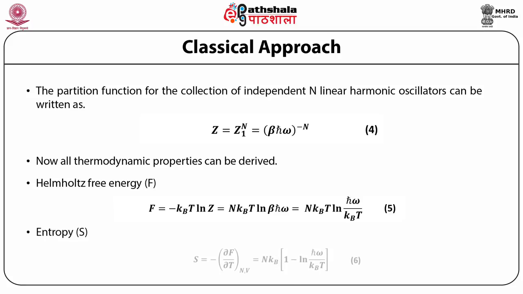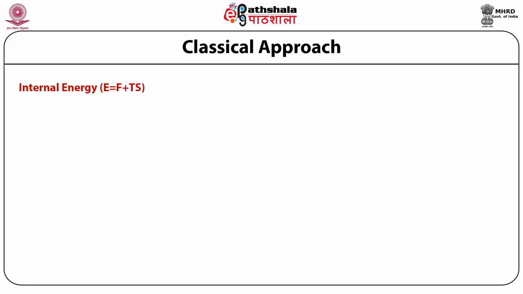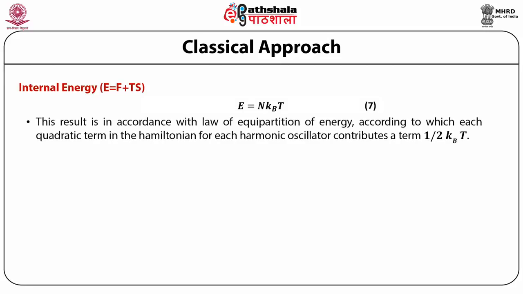Entropy S is equal to negative of the partial derivative of Helmholtz free energy with respect to temperature at constant n and constant V, which is equal to n kB times 1 minus log of h bar omega by kBT. Internal energy E is equal to F plus TS and can be immediately obtained. That is, E is equal to n kBT.